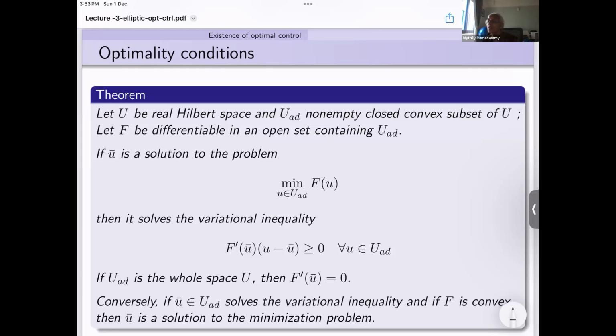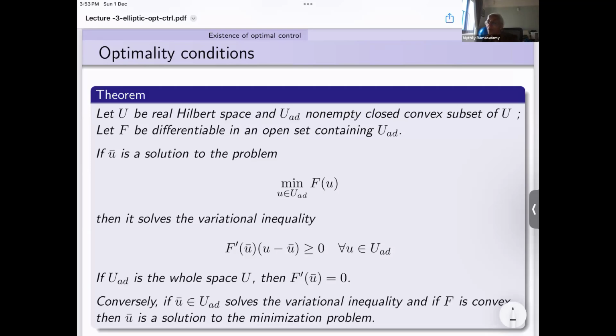If u bar is a solution to the minimization problem, minimum of f of u where u belongs to U add, then it solves the variational inequality, exactly like what I wrote down in the case of the finite dimensional example a little before in this lecture. F prime of u bar acting on u minus u bar is greater than or equal to 0 for all u in U add. Except that we have to interpret it differently.